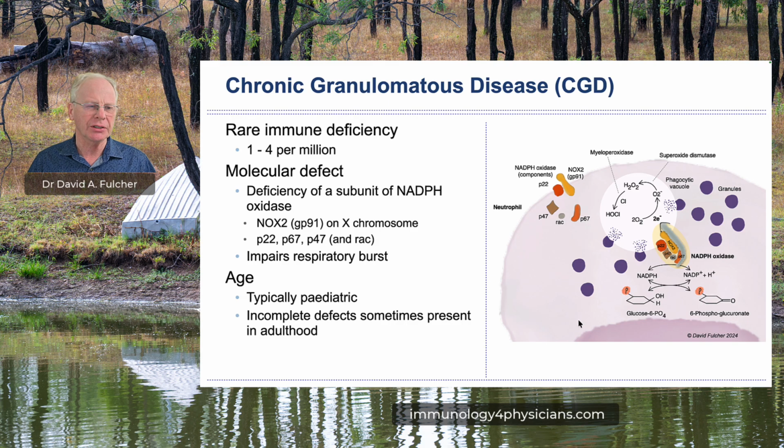And the molecular defect is in NADPH oxidase. Now, in the book we talk about how phagocytes kill, and one of the ways they kill is to generate highly reactive oxygen species, which break down the components of a phagosome.